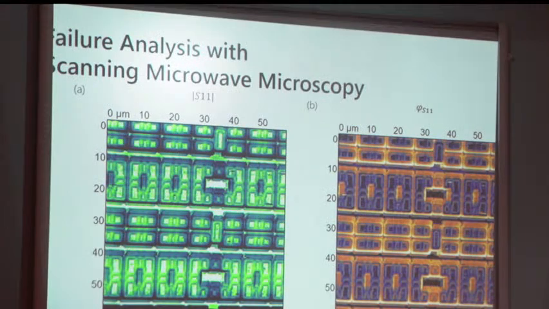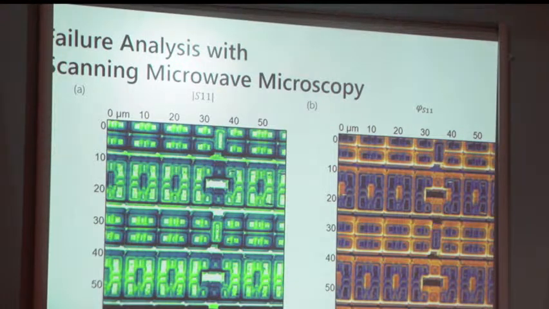This is something called scanning microwave microscopy. If you are into semiconductor research, then, because the standard cantilever vibrates only in kilohertz or megahertz frequency, it is also possible to use special types of cantilevers which can vibrate in gigahertz frequency, up to 5 to 6 gigahertz.